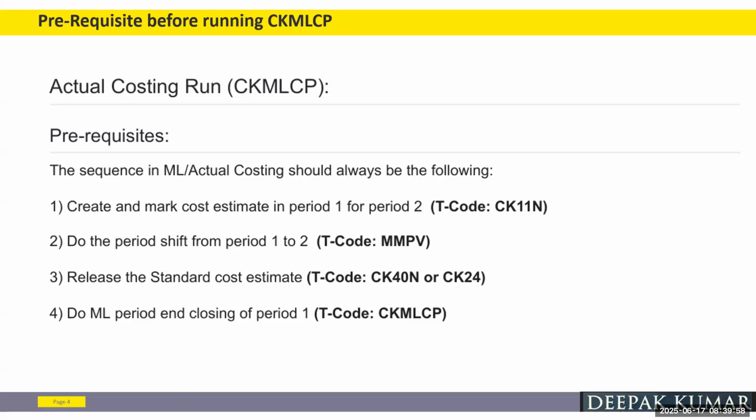We are doing closing of CKMLCP in May, but June goods movement should go on. That's why we open period 2 also, next month, June for example. Then after all the month's goods movements happen, we start ML closing.